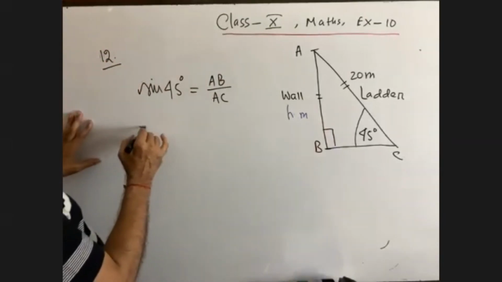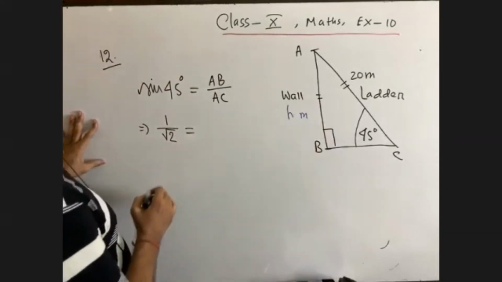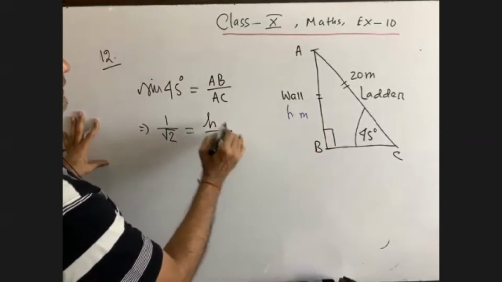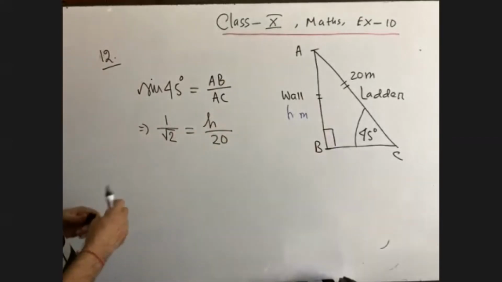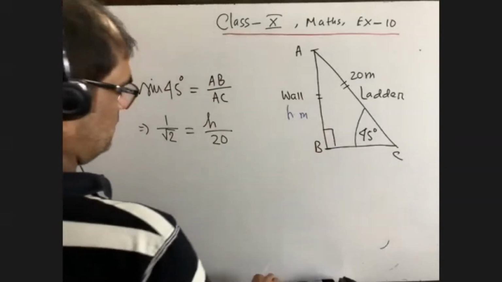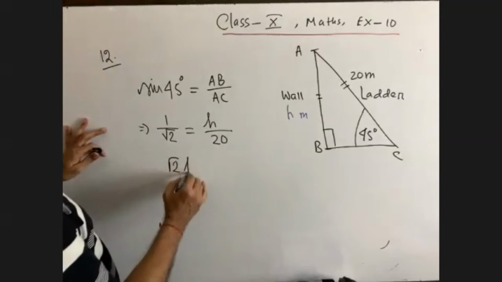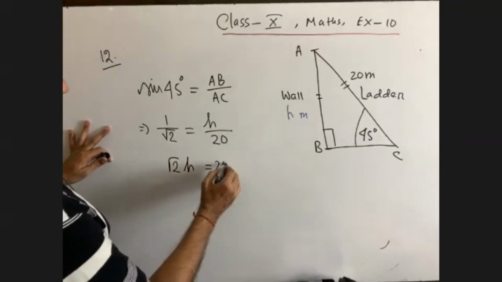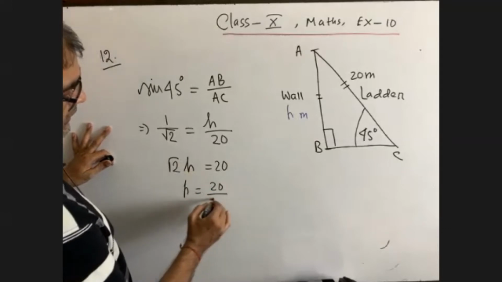So we are getting 1 by root over 2 is equal to H by 20. Meter will be omitted from both the numerator and denominator. That is root over 2 H is equal to 20. So H is equal to 20 by root over 2.